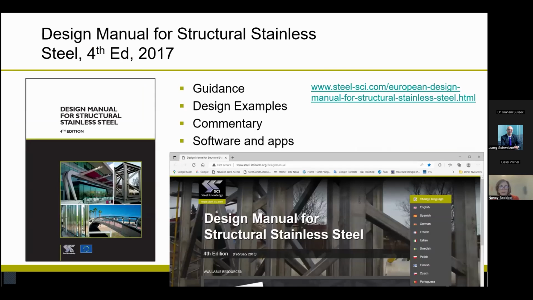And I would bring to your attention that there is a design manual for structural stainless steel, which is like a design guide for the Eurocode. It's like a one-stop shop giving design rules and information on structural stainless steel in accordance with the Eurocodes.